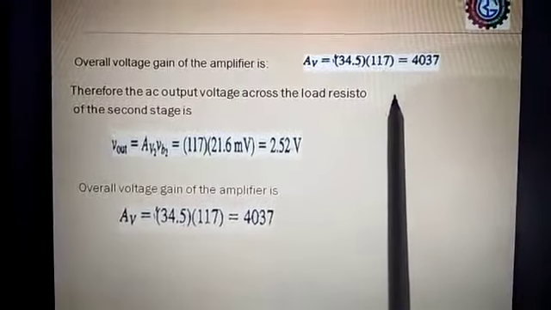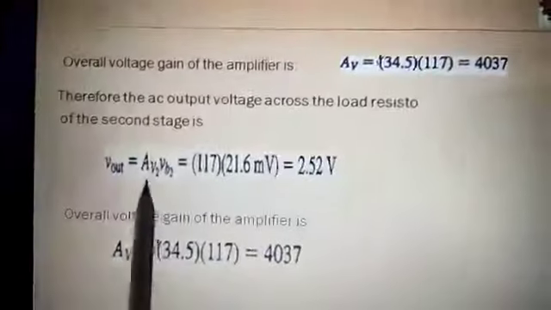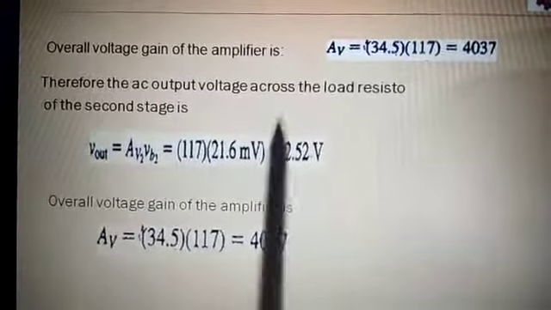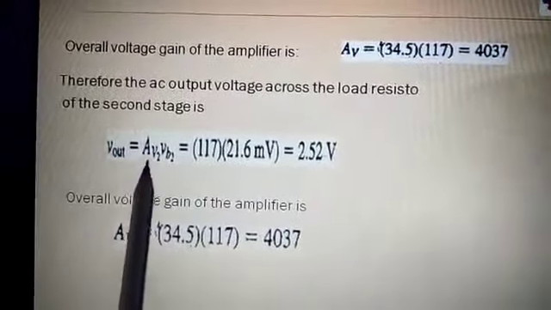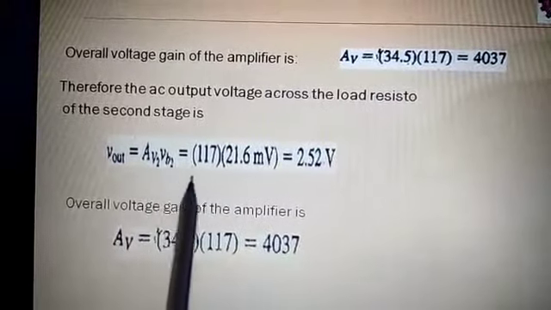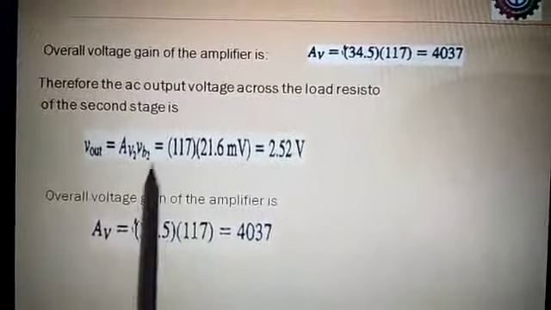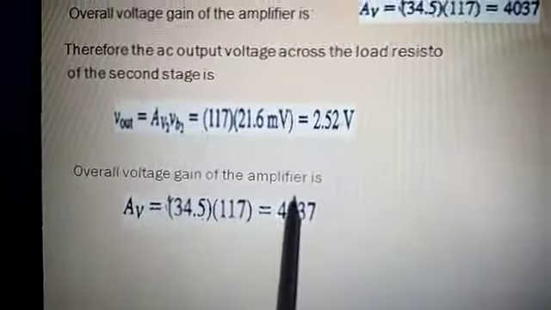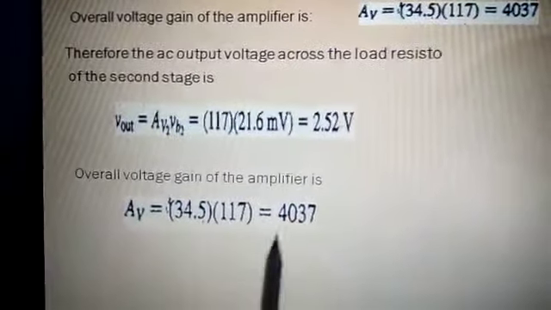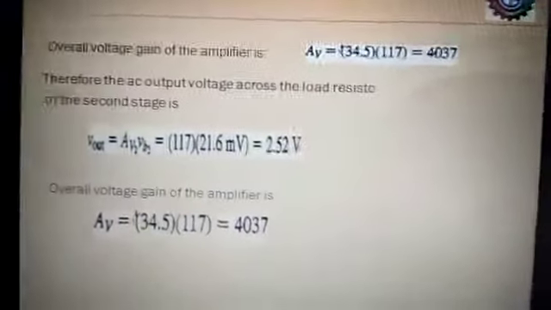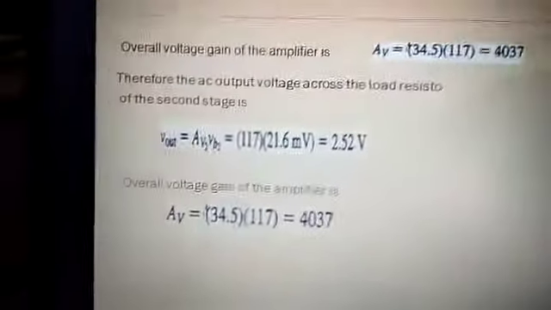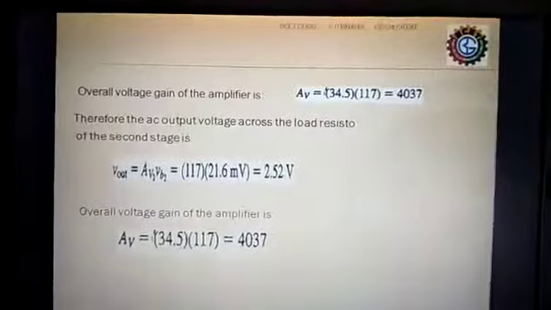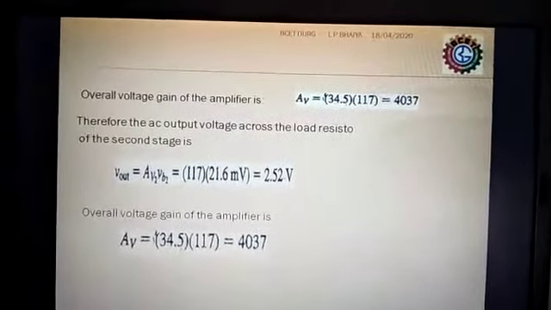And the output voltage, therefore the AC output voltage across the load resistor of the second stage, is this V out equal to AV2 into this VB2, and the overall voltage gain of the amplifier is AV1 into AV2. So this 4037 is shown here. This can be calculated, so in a general way we can calculate all these parameters.